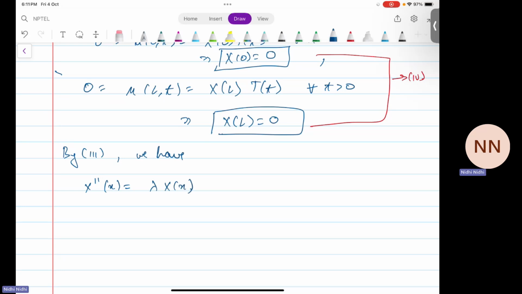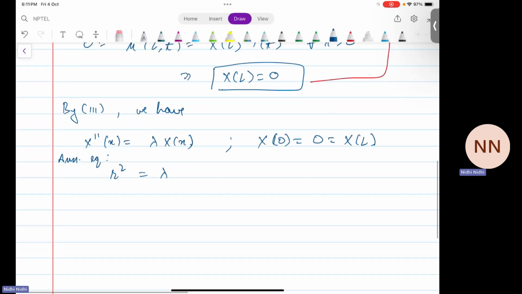Its auxiliary equation is given by r squared equals lambda, along with the boundary condition X(0) equals 0 equals X(L). So again, as we did in earlier sessions, we'll consider the cases lambda equals 0, lambda positive and lambda negative.